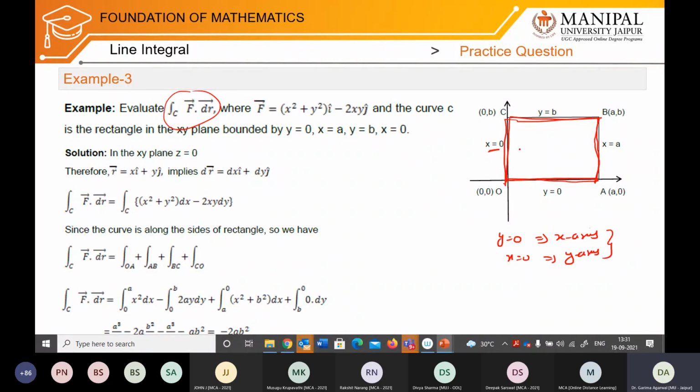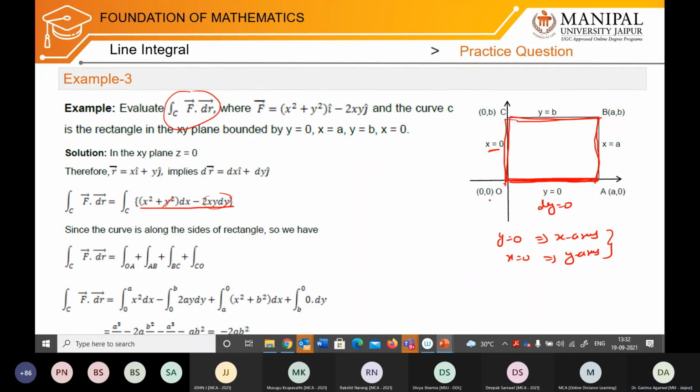So along OA, first of all OA, then AB, then BC and then CO. So along line OA, look here, on this line the value of y is 0, right? So in f dot dr, if I substitute y equals to 0, it is x square dx, right? And if y is 0, that means dy is also 0. So this term will be 0. Y is 0, that means x square dx.